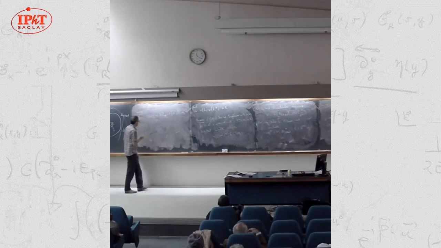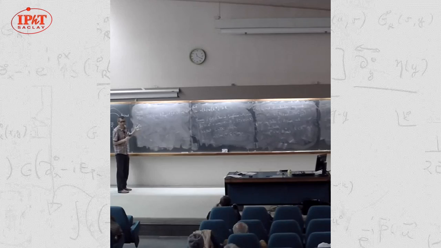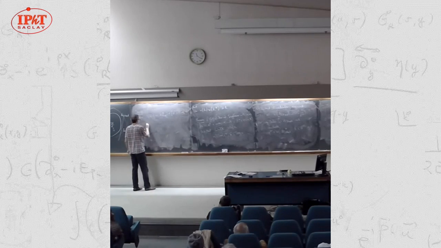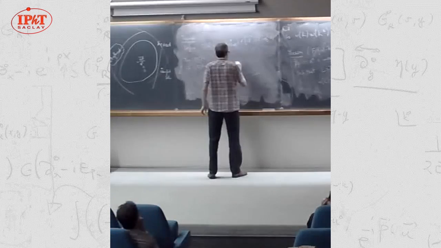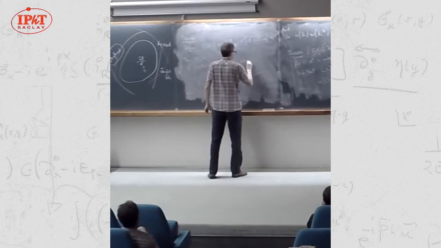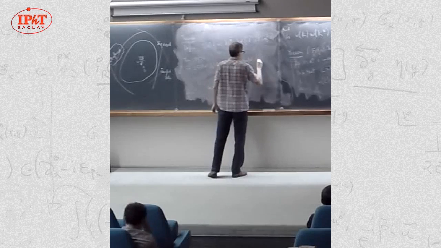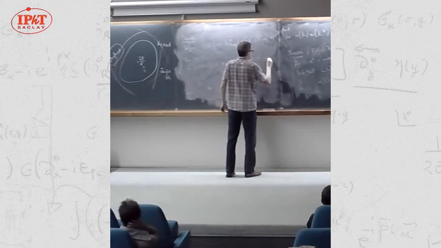Then this is the critical value, in the sense that for every epsilon, if you are slightly below this level, then the state will be entangled with large probability, let's say with probability tending to 1.